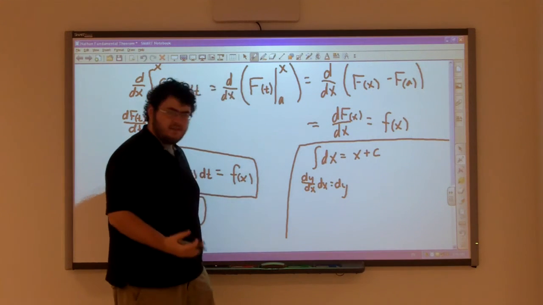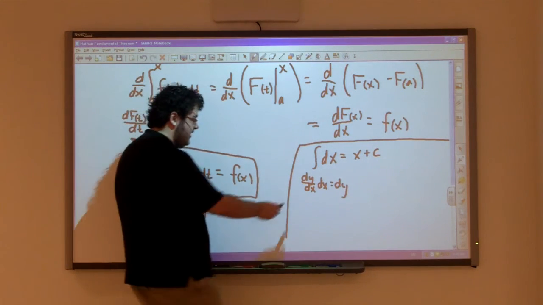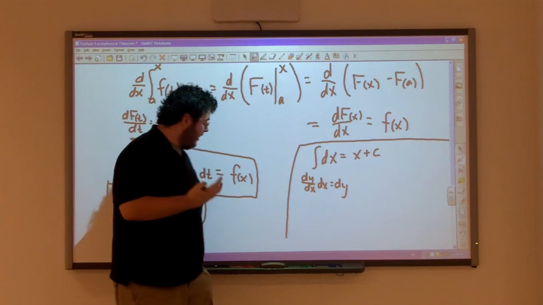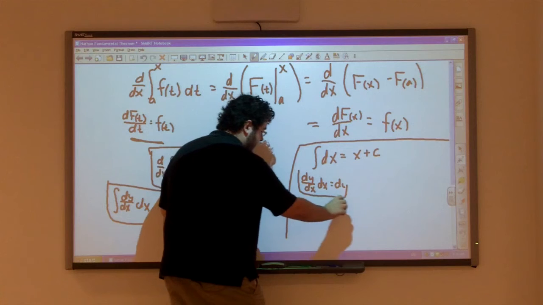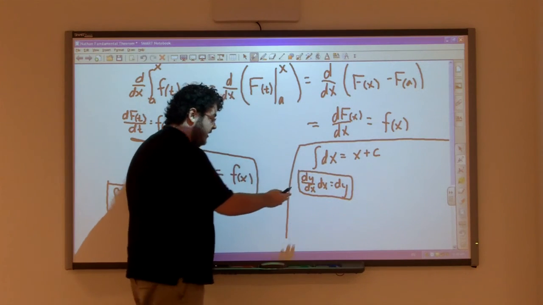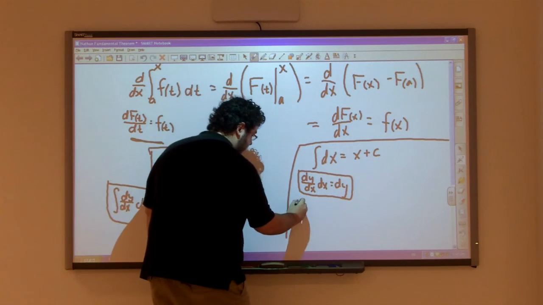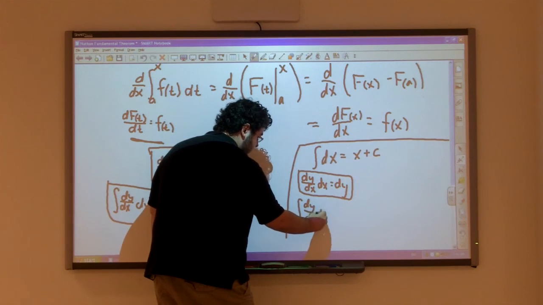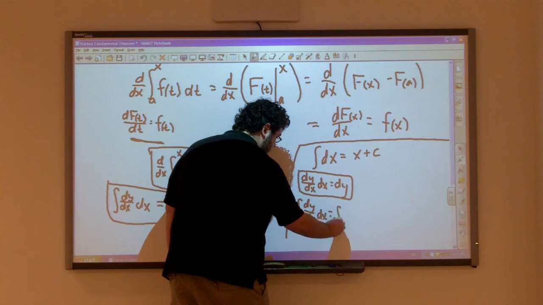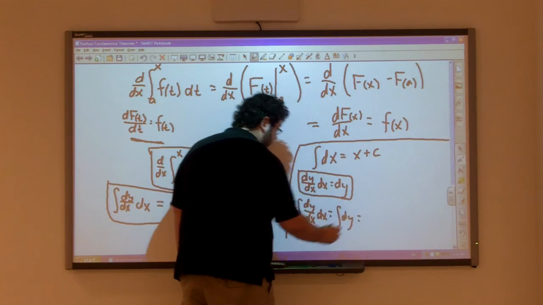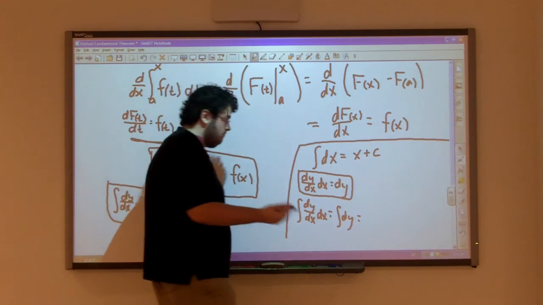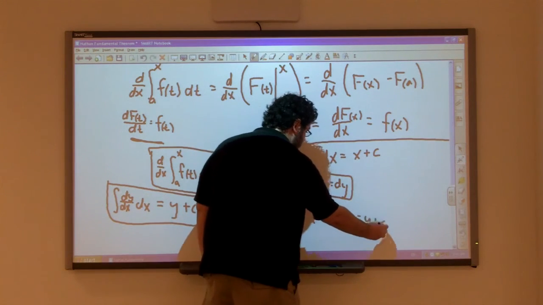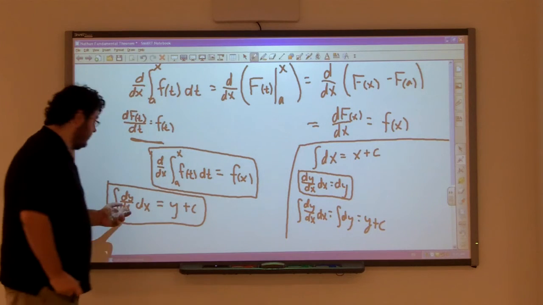You can think of this almost as if it's acting like a fraction, because you have a dx and a dx here, so it looks like they should cancel. But you should really remember this rule. So from this, which is just the chain rule, we can say the integral of dy/dx dx is the integral of dy, which is y plus a constant, since the derivative of y plus a constant is dy. So that's why you can say this.